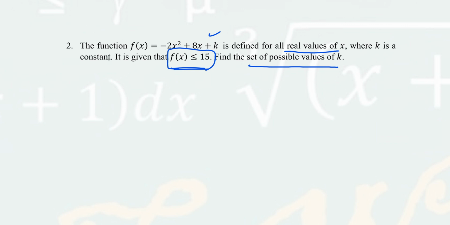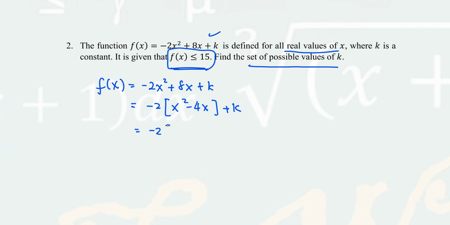Okay, so now your fx equals to -2x squared plus 8x plus k. So from here again, just complete the square, means factorize -2. Then you'll be getting x squared minus 4x, and leave the k outside.